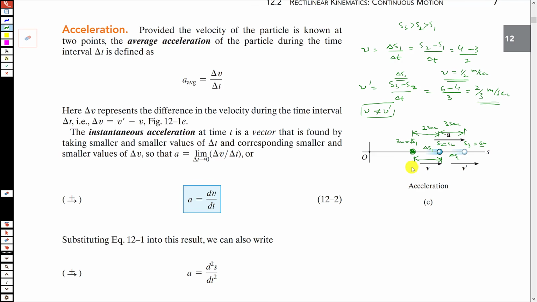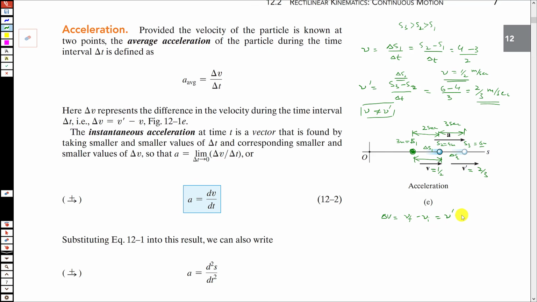Now the velocity at this point is 1 by 2 in our case, and v dash is 2 divided by 3. So what is the change in the velocity? The change in the velocity will be the final velocity minus the initial velocity.